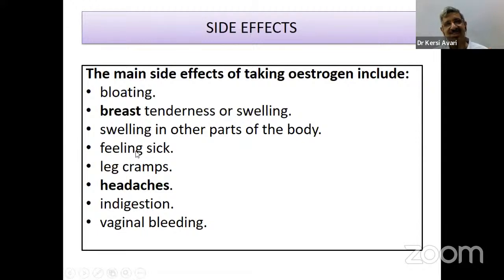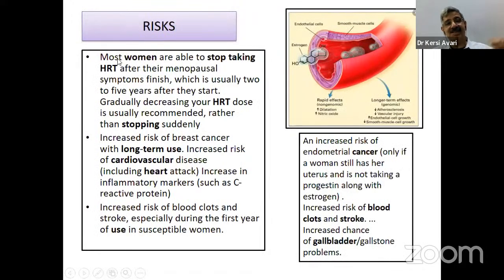These are the side effects, and these are the risks which we were taking. Why? It is supposed to cause clots, resulting in strokes. Then there were also problems of gallbladder and gallstones.